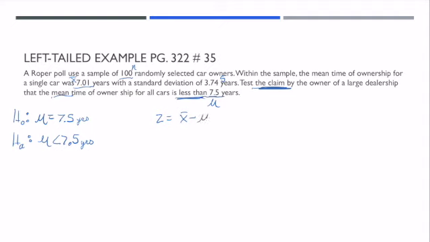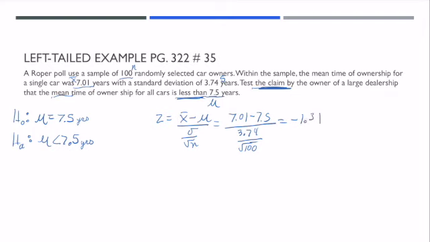I'm going to take my sample mean minus our population mean over our sample standard deviation over the square root of n. So I take 7.01 minus 7.5 over 3.74 divided by the square root of 100. That's going to give me negative 1.31.